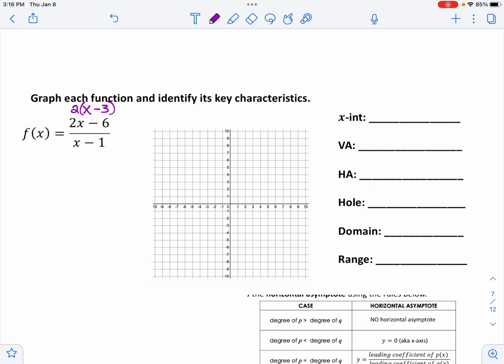Now for my x-intercept, what is that going to be? When's that going to be 0? When x is 3. Right? Okay. So 3, 0.